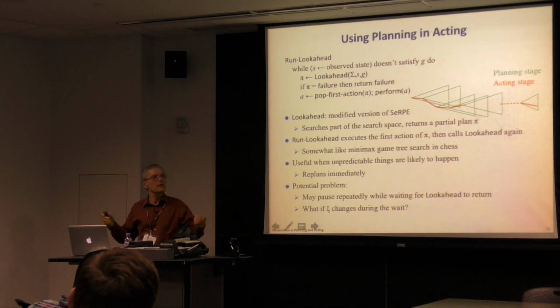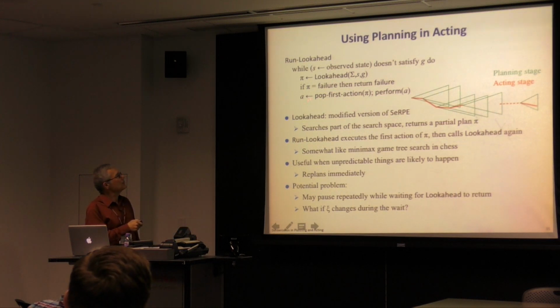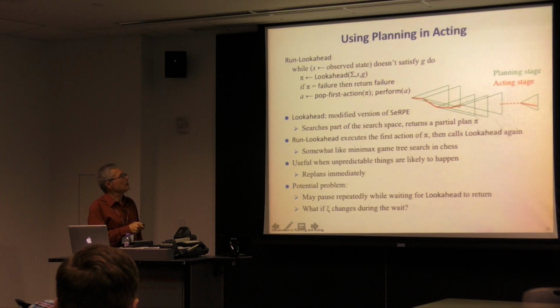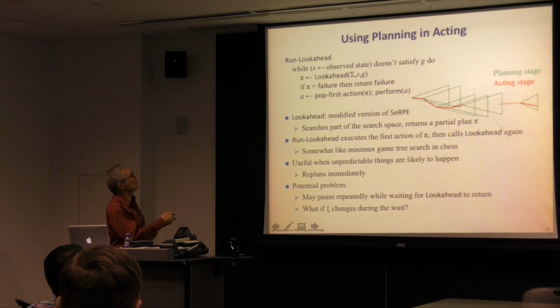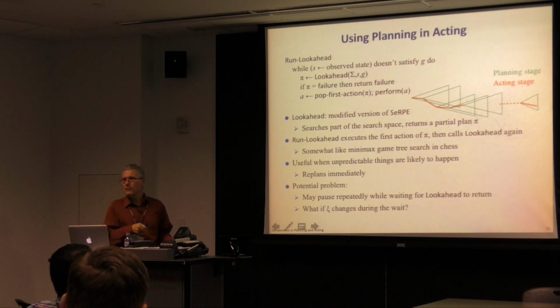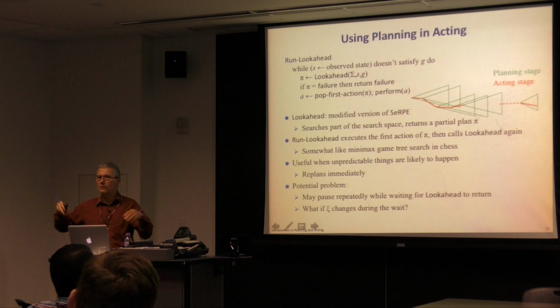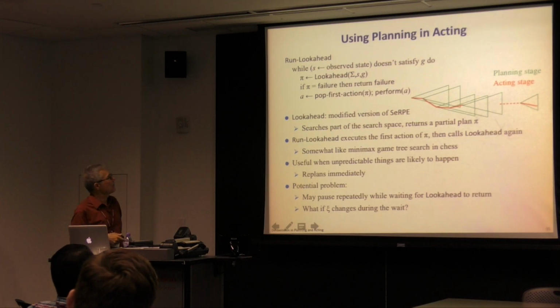We can't get there. Otherwise, it takes the first action in that plan and performs that action, and then it discards the rest of the plan. Goes back around in the loop, calling the lookahead planner again, getting a plan, taking the first action of that plan, executing it, discarding the rest of the plan, and so on.